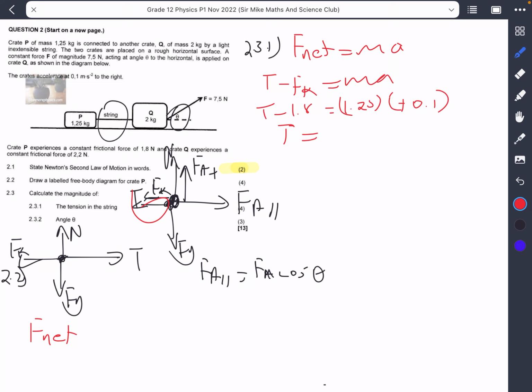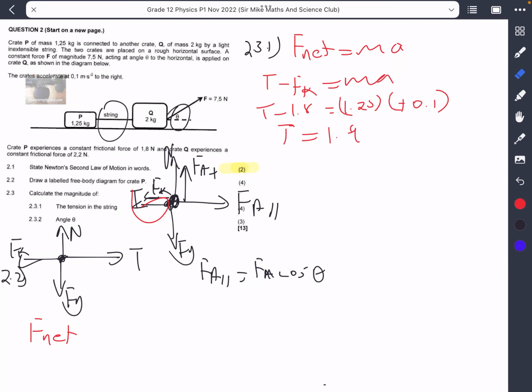So if you say 1.25 multiplied by 0.1 and you add 1.8, what you would get there would be tension being 1.925.